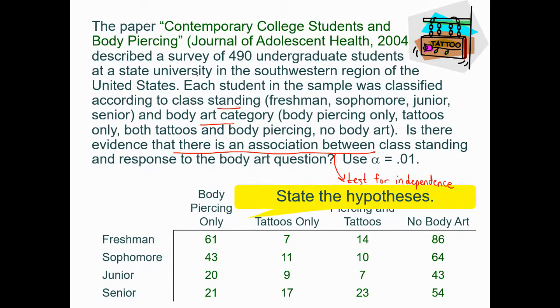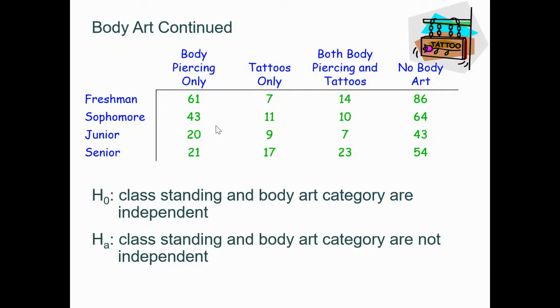That would be the null. Class standing and body art category are independent. Which means the alternative would be class standing and body art are not independent. That's what those say right there. Class standing and body art are independent and then are not independent.